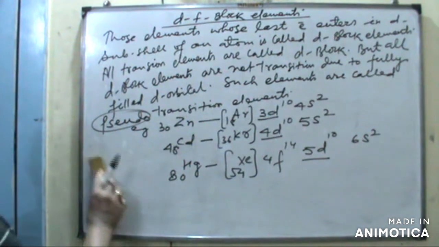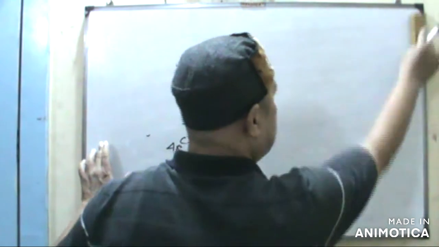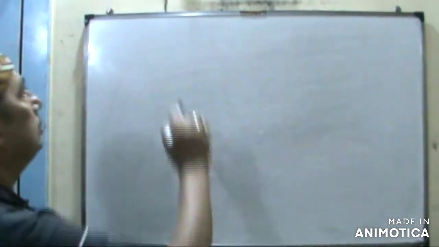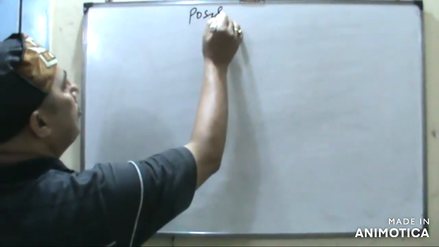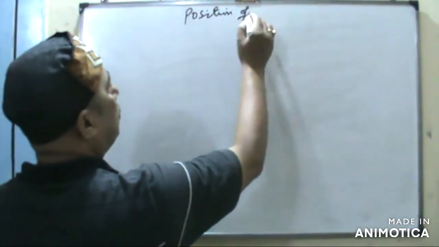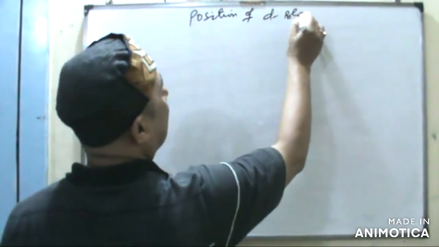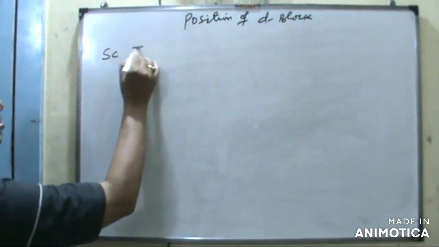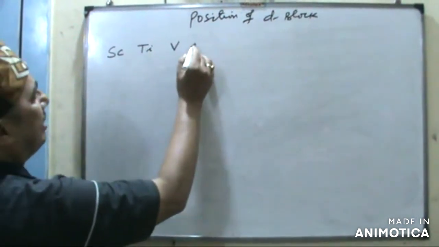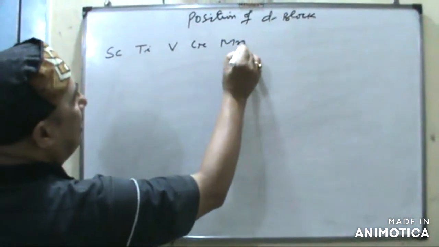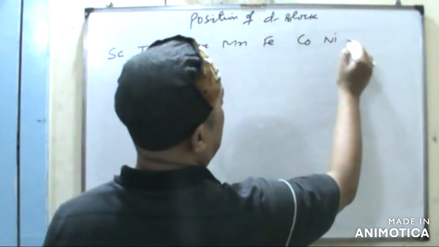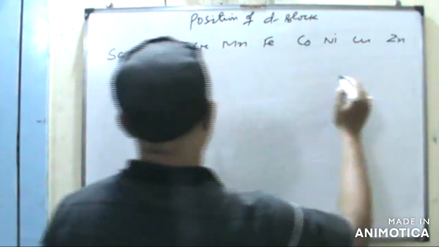Now we take the position of d block elements in the periodic table. Scandium, titanium, vanadium, chromium, manganese, iron, cobalt, nickel, copper and zinc.